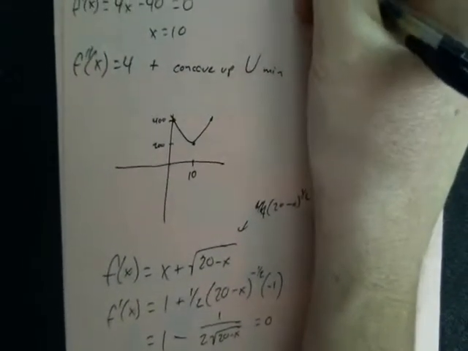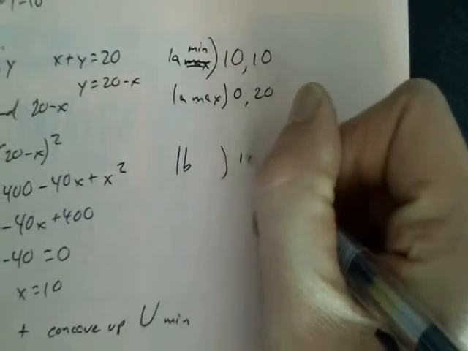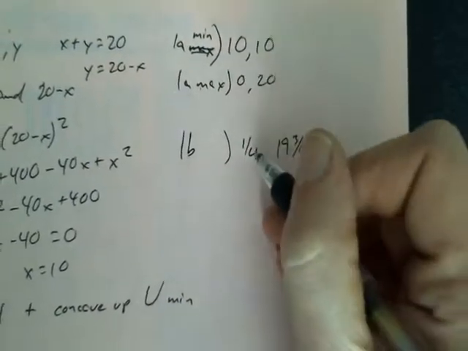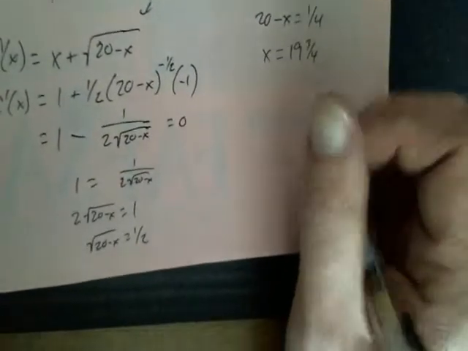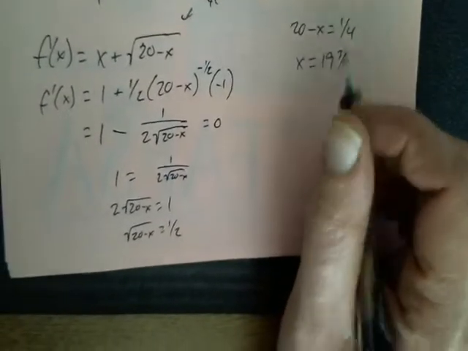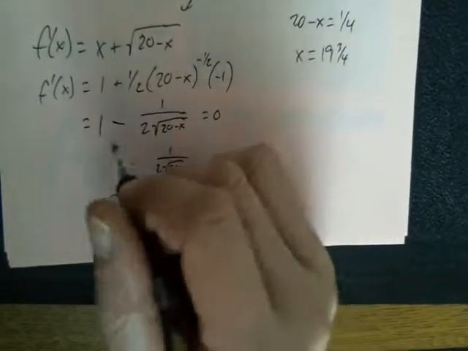Alright, so this is 1b. I don't know if it's max or min yet. We won't make that mistake again. This is going to be 19 3/4, or the numbers 0.25 and 19.75. Now, to determine whether this is a maximum or minimum, do a second derivative test. Let's see here.